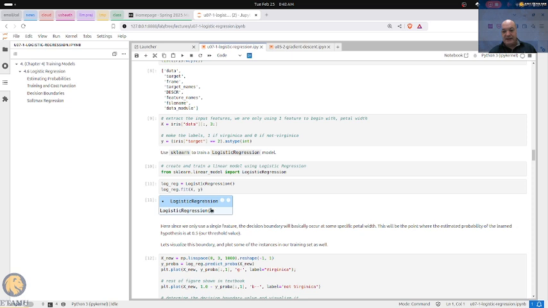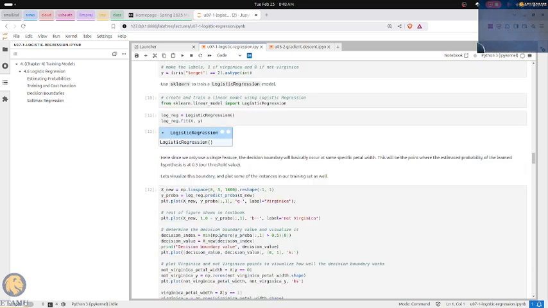And also, just to completely simplify it, this is the example from our textbook, but we'll only look at a single feature so we can visualize the decision boundary. So just looking at petal width and seeing what we come up with.